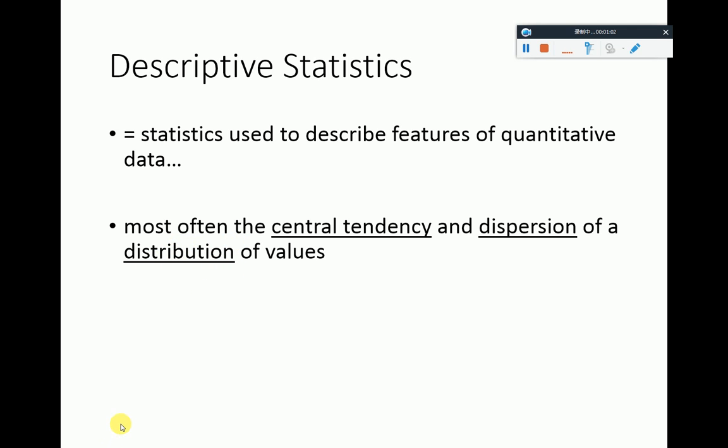We said that distributions are essentially a listing of the frequency. It could be absolute frequency, relative frequency, or percentages. Anyway, it's a listing of all the possible frequency counts of all the possible values of a variable.